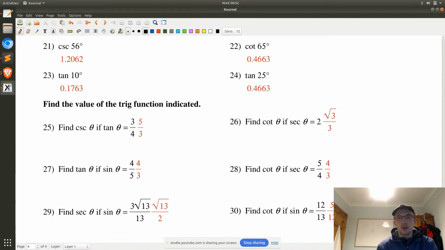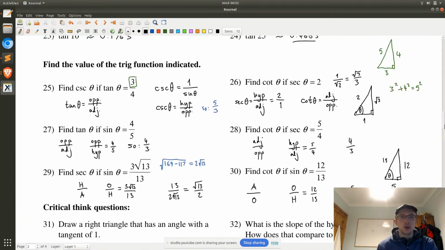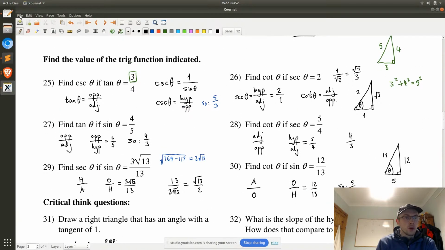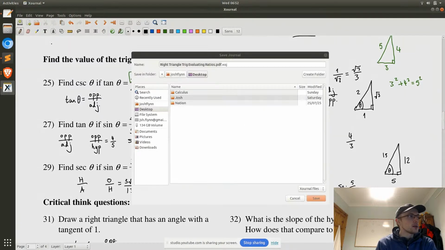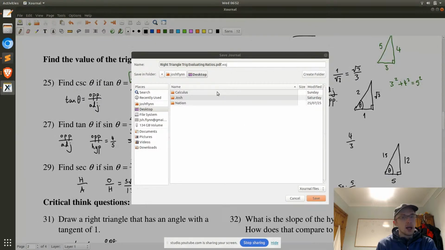Yeah, rise over run equals opposite over adjacent. Okay, wonderful. So all these were successfully handled, and now we'll move on.